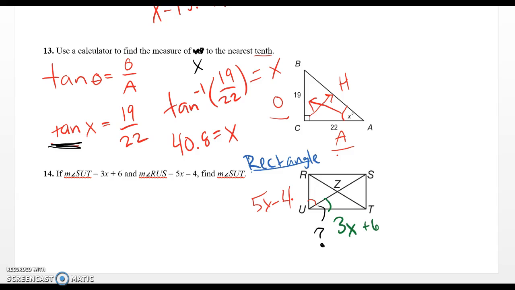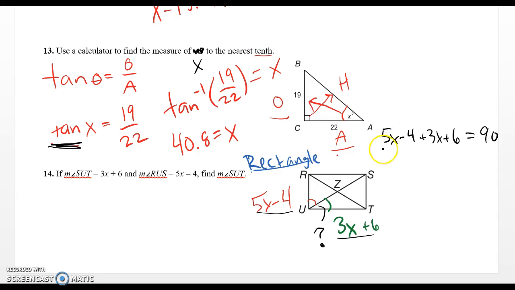But we're told this guy's a rectangle, so we know that all 4 of our angles are right angles. They're 90 degrees. So if we add 5x minus 4 and 3x plus 6, then we should get 90. We can set up an equation that says 5x minus 4 plus 3x plus 6 equals 90. Then we can solve for x.